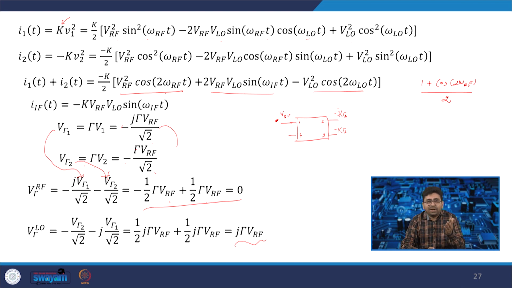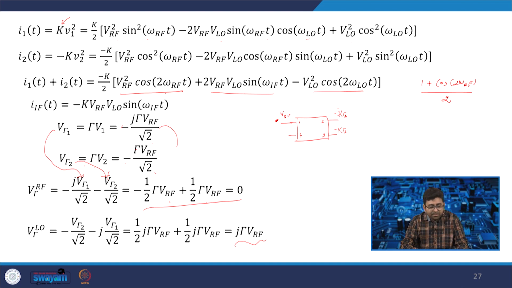While discussing the inductor, we have already seen a transformer. That transformer can also be used to design a hybrid coupler. So, this is one way a balanced mixer can be realized, by using a diode or FET.